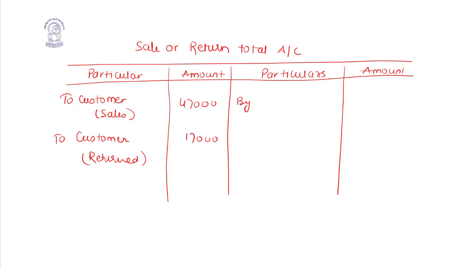Then we record goods sent on approval, in brackets write goods sent on approval, 77,000.